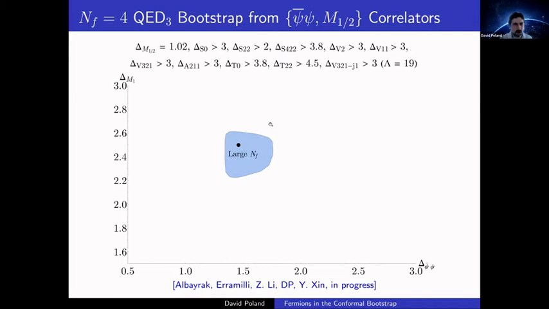So this is all work in progress. We're making some progress. It seems that if you input one piece of large n data, you can predict everything else, but it's not a super precise prediction yet. So this is something we're actively working on.